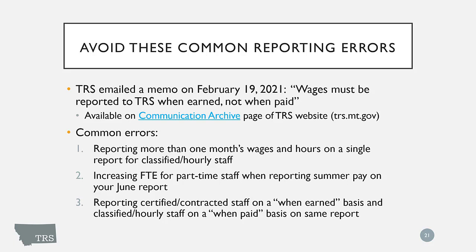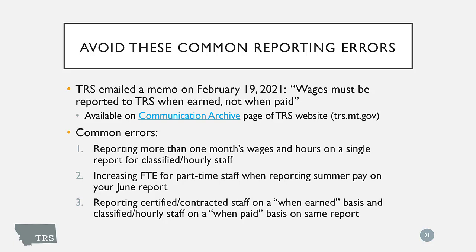It usually happens at the end of the year, when they go to pay out all their classified staff for the summer. Some schools had been putting, maybe like May and June's wages and hours on for those classified or hourly staff, and if that happens over a period of many years, it can definitely short that person's service credit in the end.